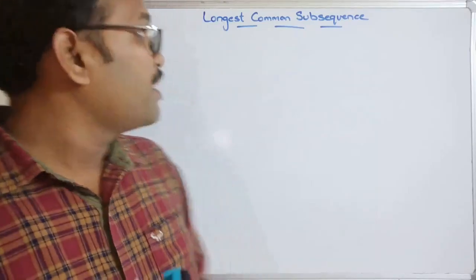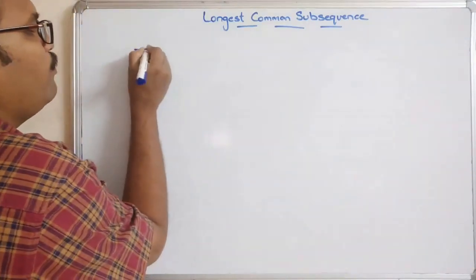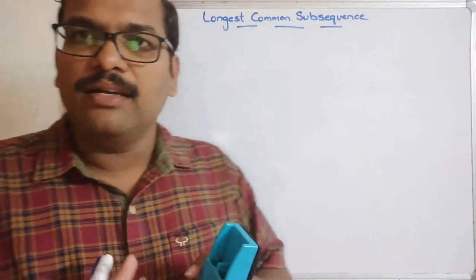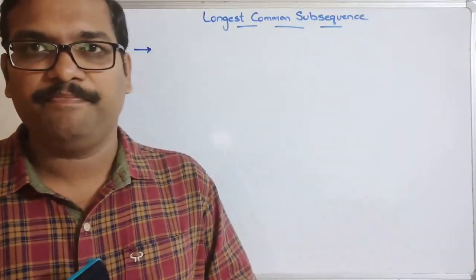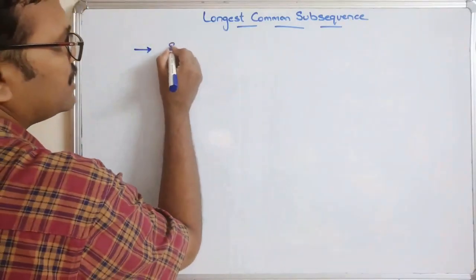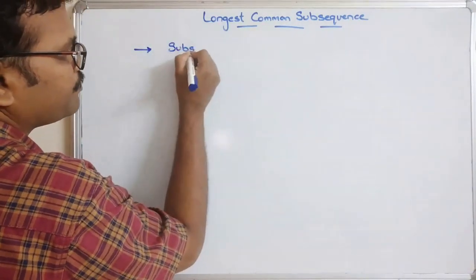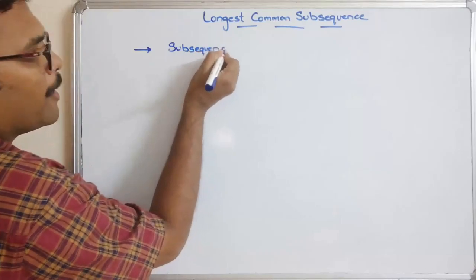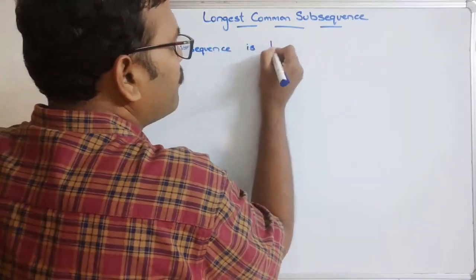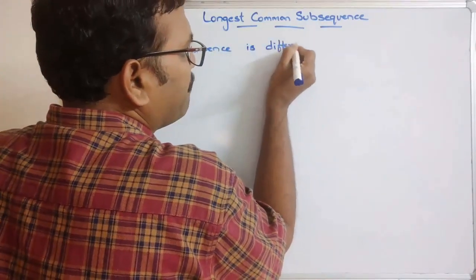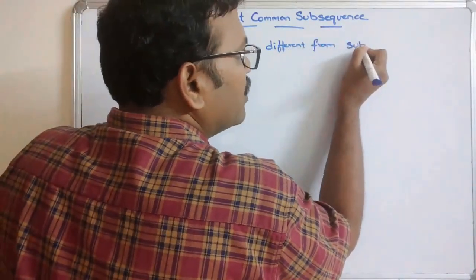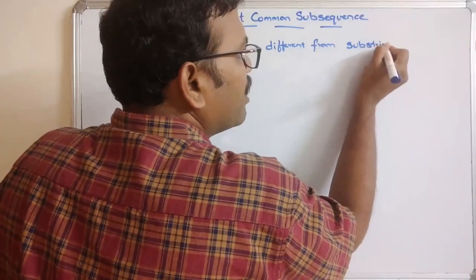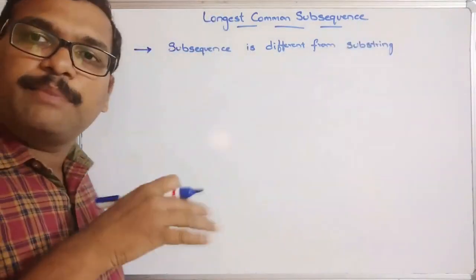Okay, so the first and important point we have to know is there is a difference between a substring and a subsequence. So most of the people will confuse about this substring and subsequence.